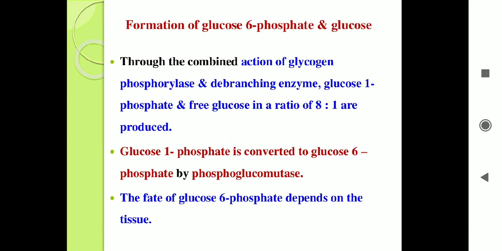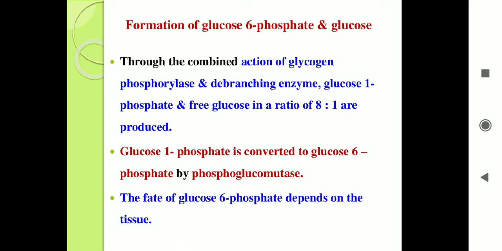Okay, so formation of glucose 6-phosphate and glucose. Through the combined action of glycogen phosphorylase, which is the first enzyme, right, and the debranching enzyme, which is the second enzyme, glucose 1-phosphate and free glucose are produced in a ratio of 8:1. Means when the reaction repeats, that time you will get free glucose in the ratio of 8:1.